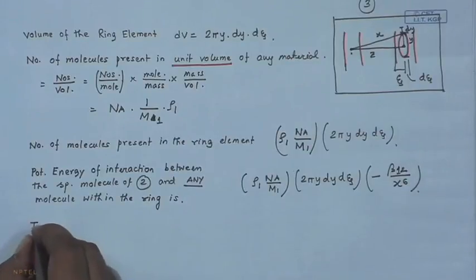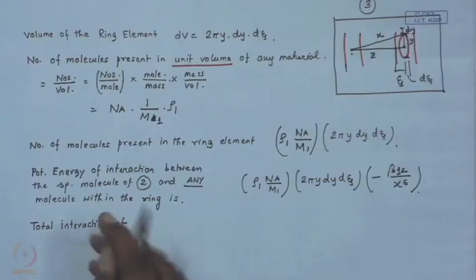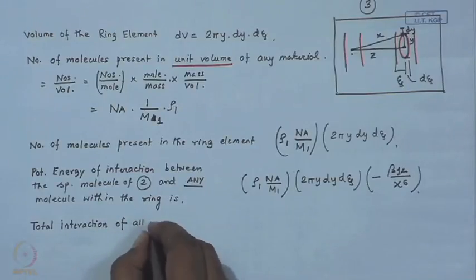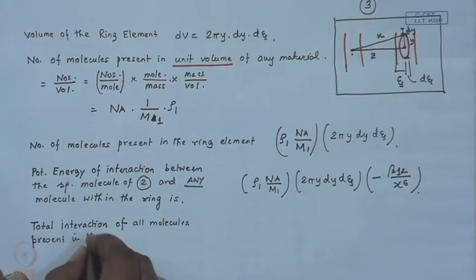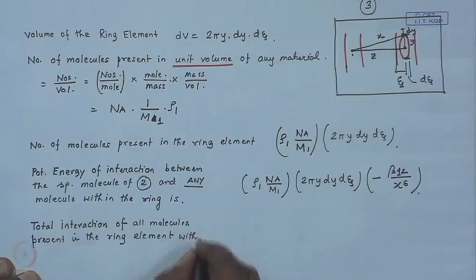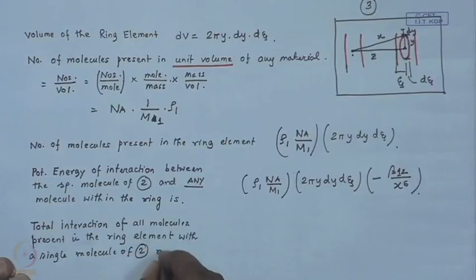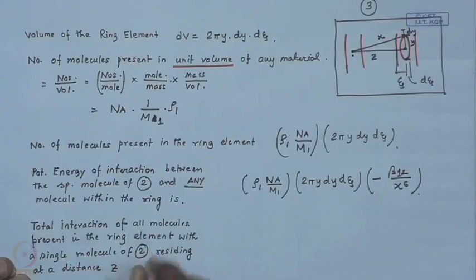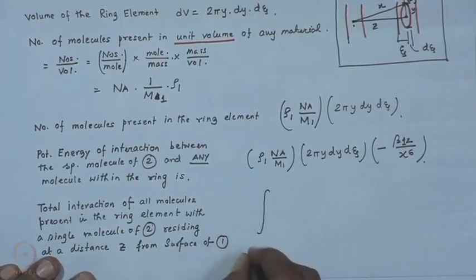Therefore, total interaction of all molecules in the ring element with a single molecule of 2 at a distance z from the surface of 1 is given as zeta.